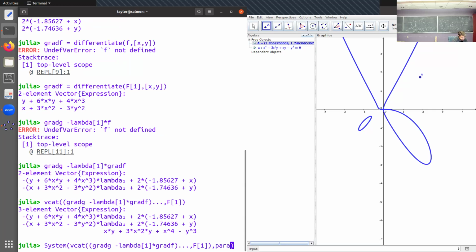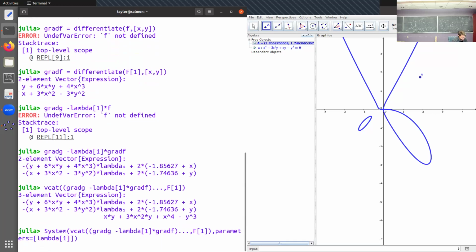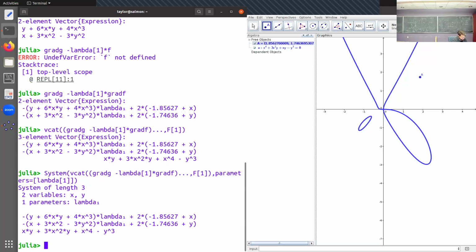And I tell it that the parameter is lambda 1.